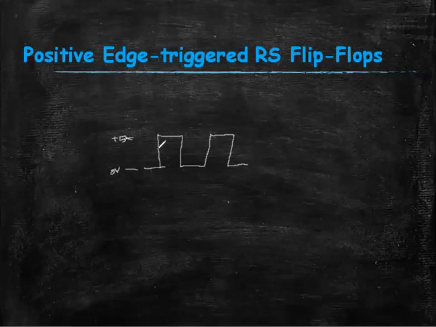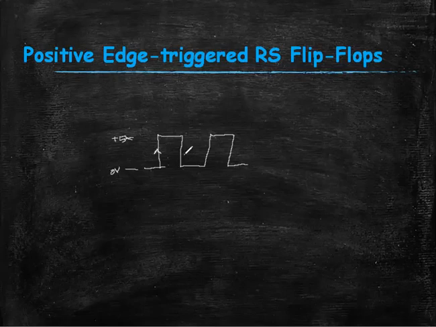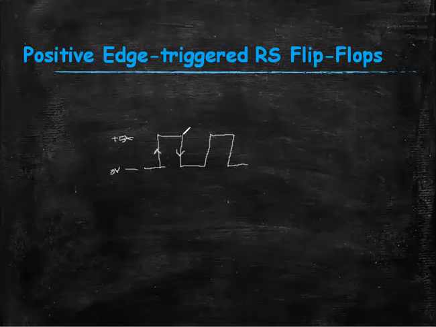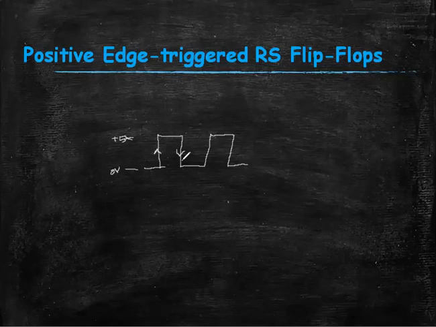Here the transition is from low to high, and here the transition is from high to low. Here it is from low to high, here from high to low.